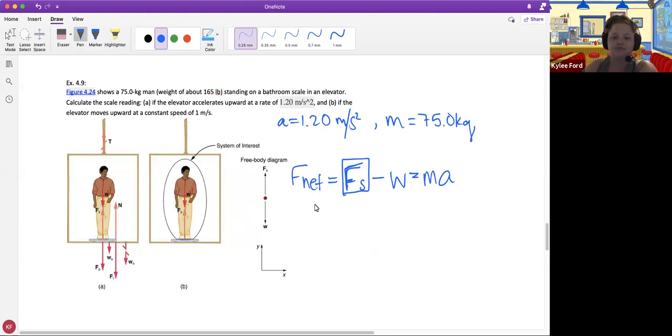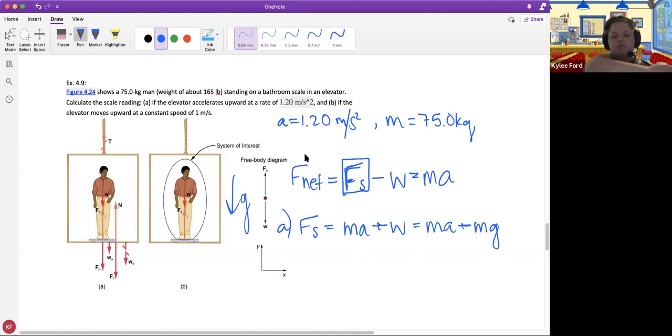This is for part A. I'm going to solve for my F sub s based on this equation here, and that is going to be m times a plus W, or m times a plus mg. Remember, gravity is in the y direction as well.